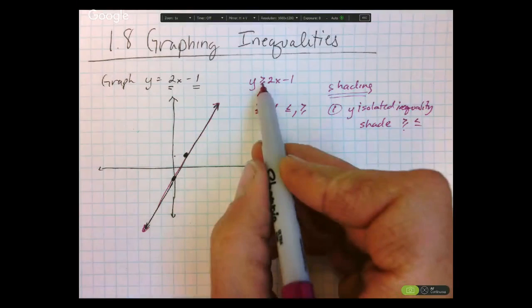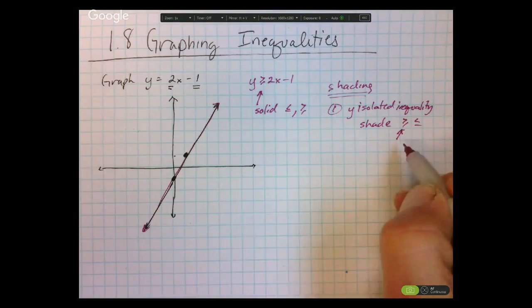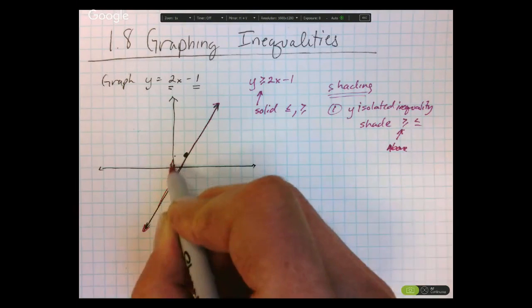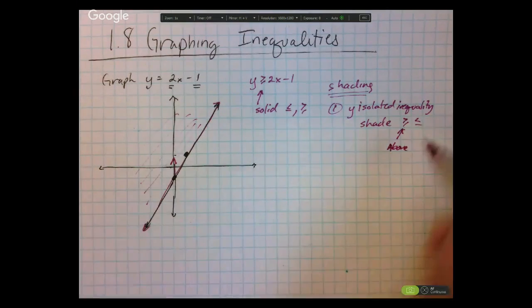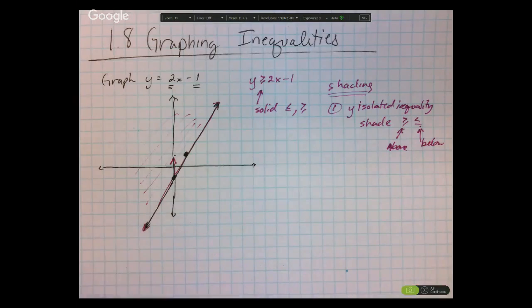So this is greater than or equal to, that would be greater than or equal to is above. So from here we go up. Less than or equal to would be below. That's the method I use. I find it to be easy.